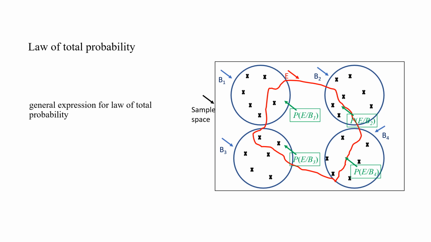And hence, general expression for law of total probability can then be written as probability of E equals probability of E given B1 multiplied by probability of B1 plus probability of E given B2 multiplied by probability of B2 and so on until probability of E given Bn multiplied by probability of Bn.